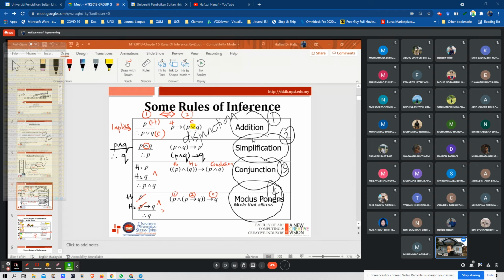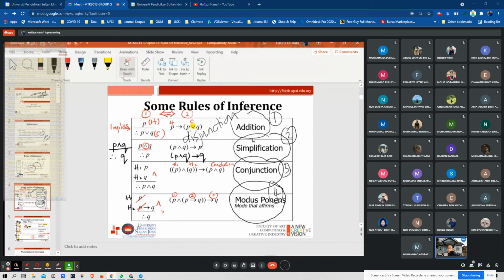If the conjunction A and B is true, then A is true, which implies that P and also Q are true. Okay, this one is simplification.